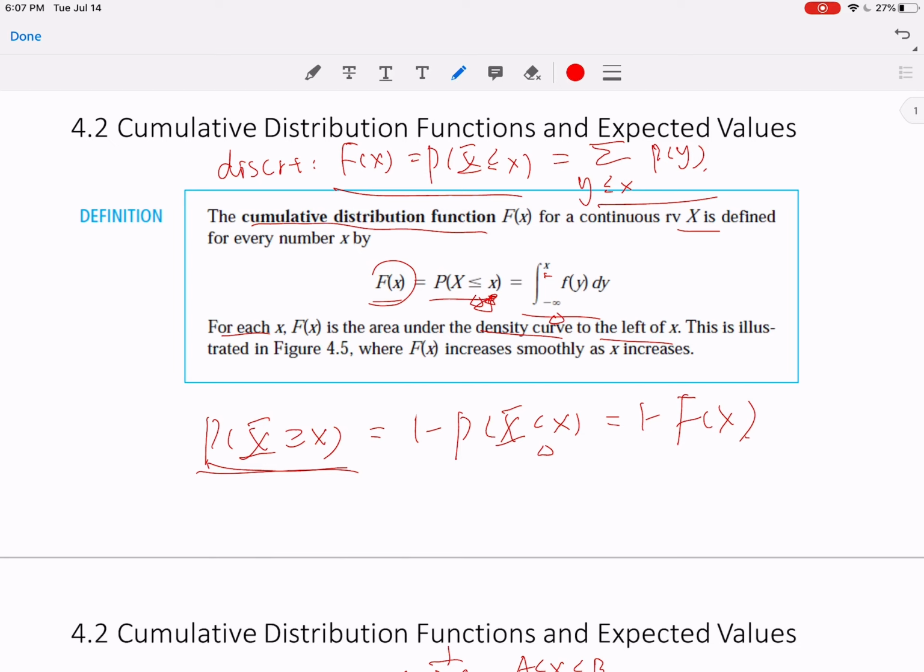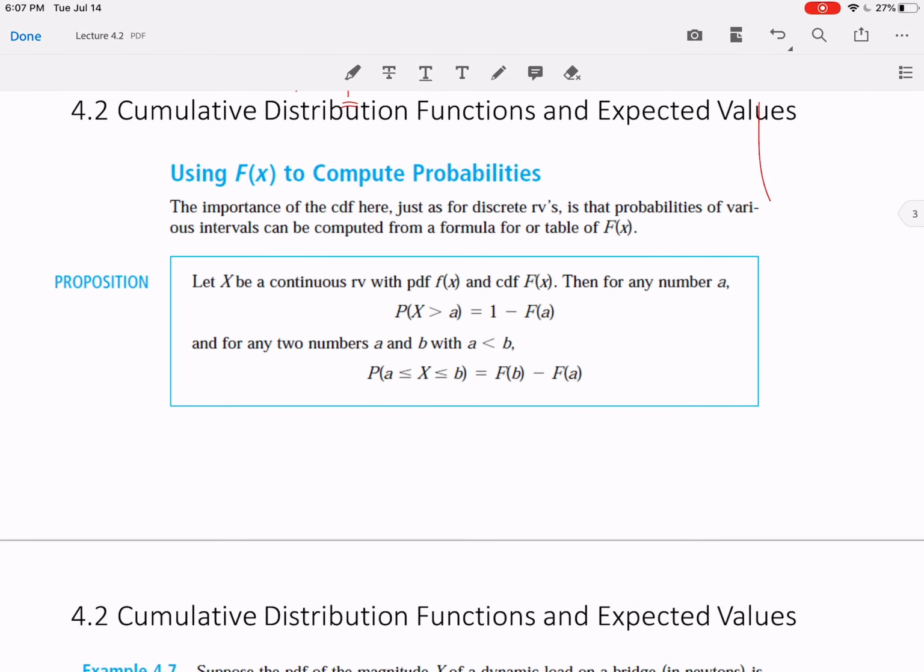What we need to do is think of the opposite, because the probability x is greater than or equal to a little x here is going to be equal to 1 minus the probability x is less than x, which is equal to 1 minus F of x. And that's pretty much the idea we got over here. Using F of x to compute probabilities.